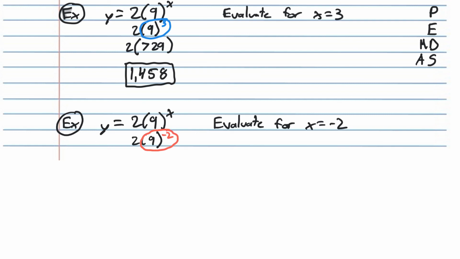So the 2 is still there, but the 9 is going to move down below, and now it's a +2. Now we can evaluate that, and then we're done. So 2 is on top, and 9 squared, remember, is 9 times 9, which gives you 81. It doesn't reduce, so this would be your answer.